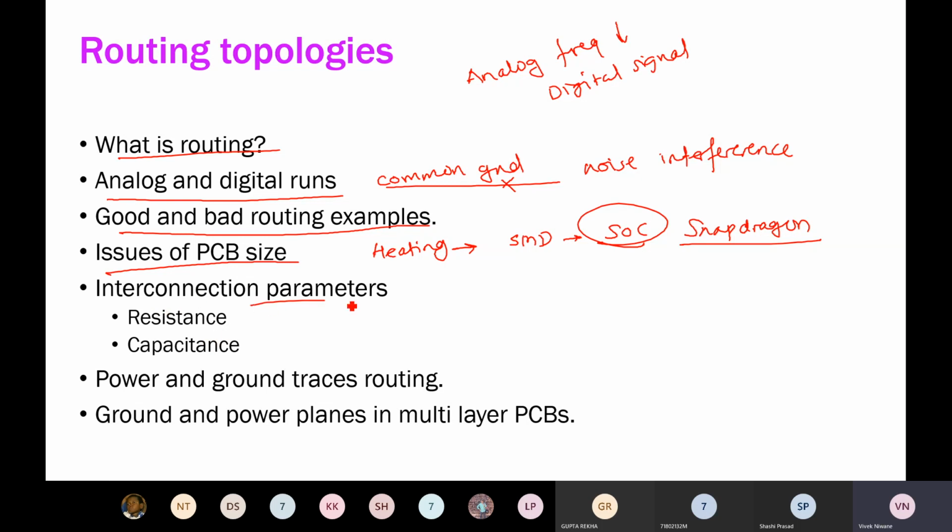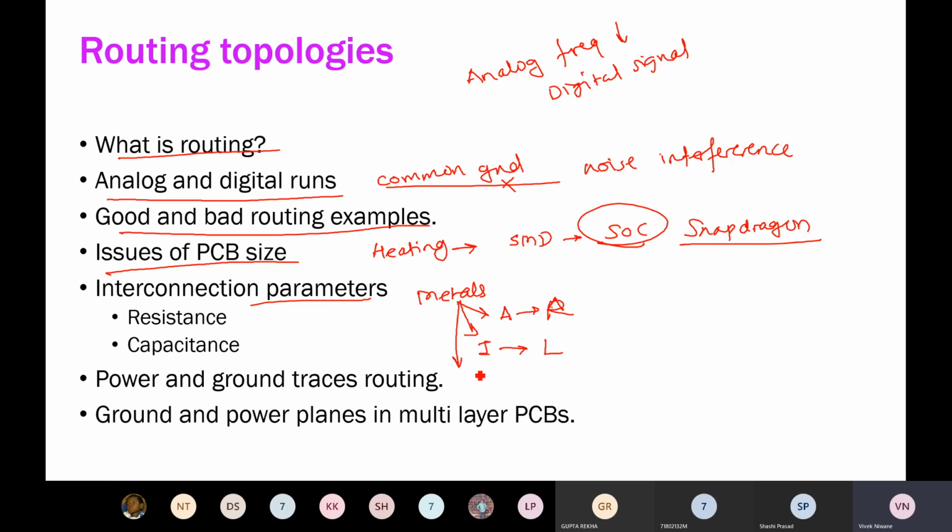Interconnect parameters. These are nothing but the tracks. Whenever we talk about metals, metals always have a cross-section area. Therefore, they will have some sort of resistance. Metals will have some amount of current flowing through them, so they will have inductance.